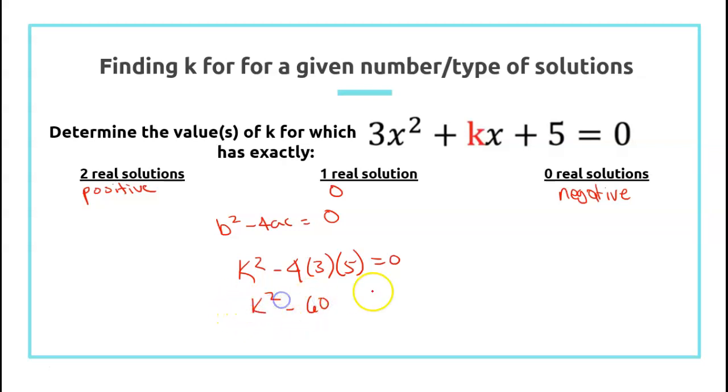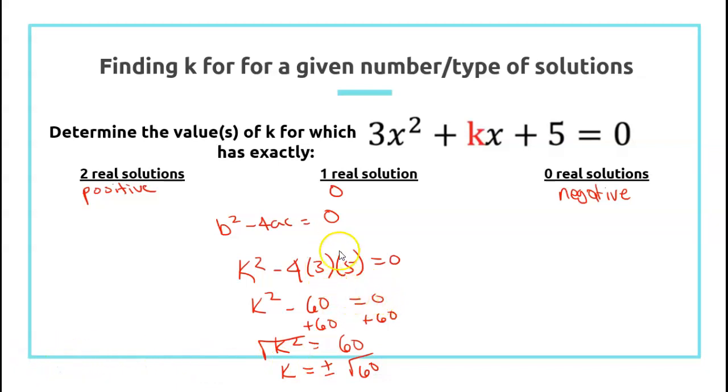So we have k squared minus 60 is equal to 0. We're going to add 60 to both sides. And k squared is going to be equal to 60. And then we're going to take the square root of that. K is going to be equal to positive or negative square root of 60.